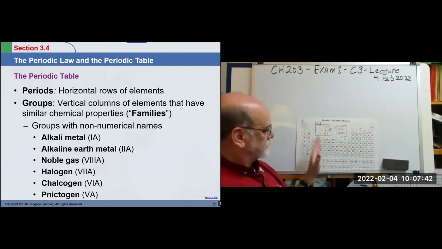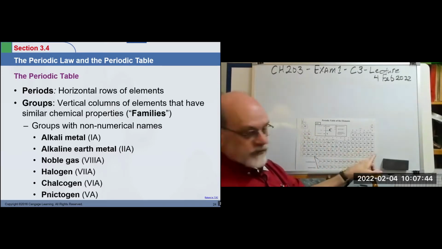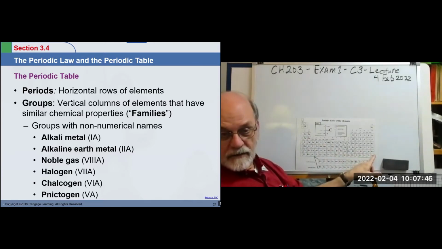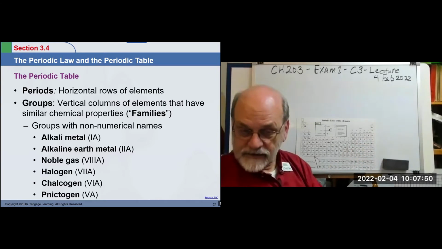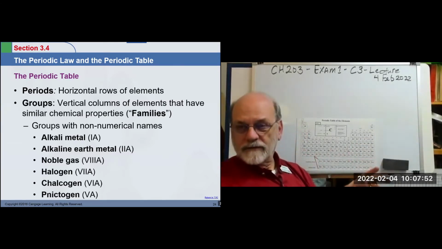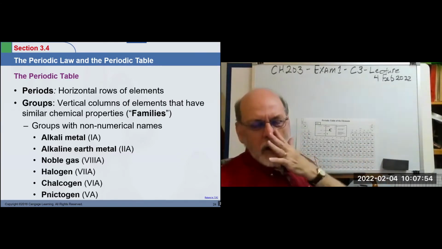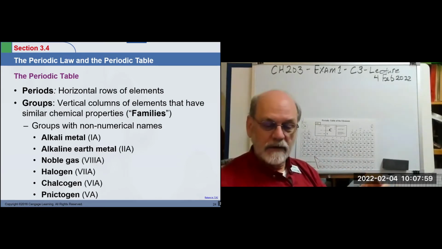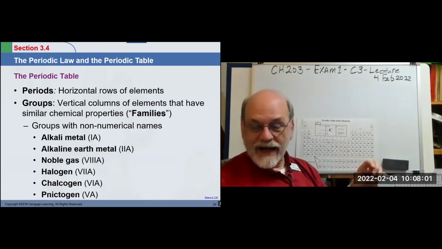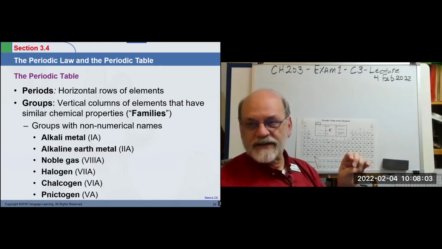If we move to the far side, we get noble gases. They are all gases, and they're often called noble or inert. Inert is more accurate, actually, because they don't react with anything, not voluntarily.